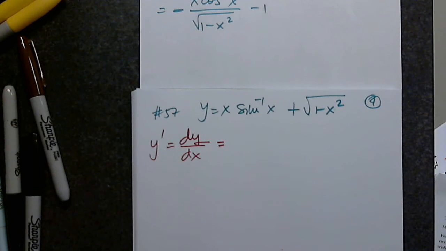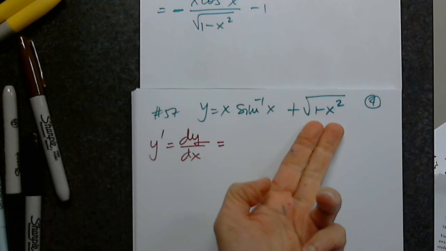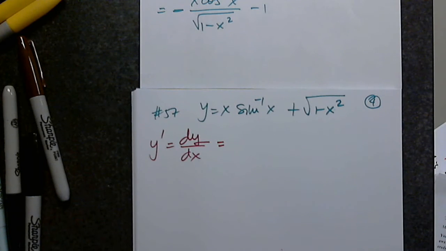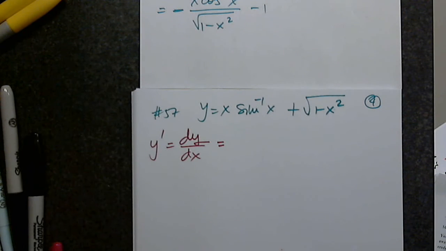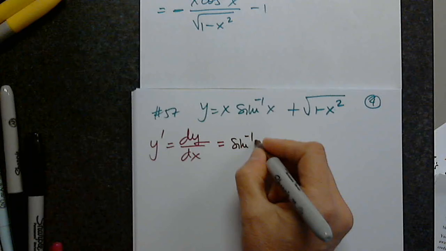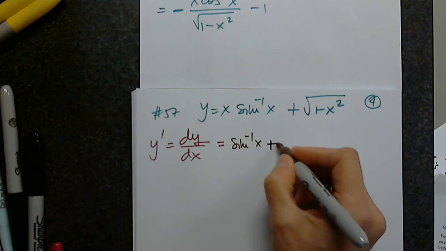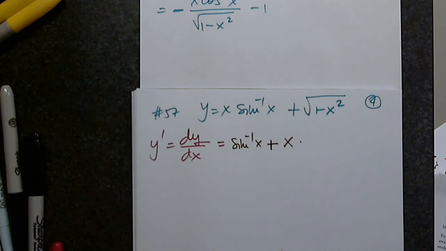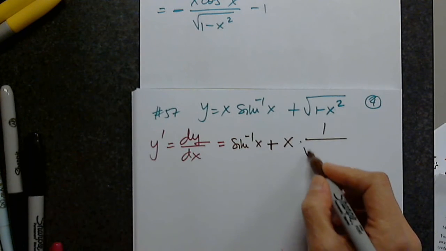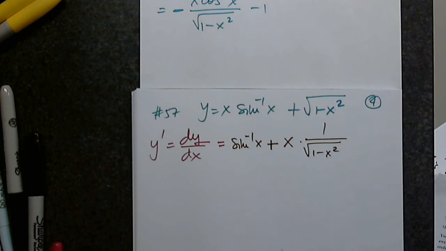So we have two functions, one that is a product of two functions and this one that is just a function composition. So in the product, I will differentiate the first and multiply by the second, and plus x multiplied by the second function prime, which we know is the same as cosine inverse prime, but without the negative in front.